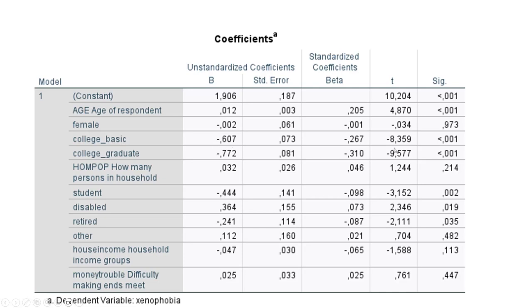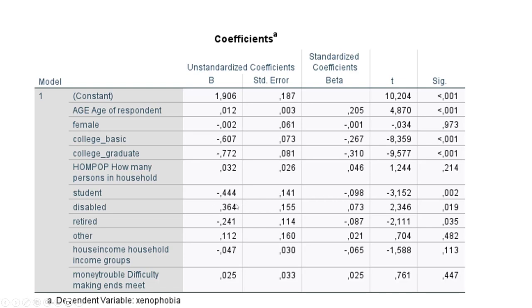So education reduces xenophobia. There's no significant difference between males and females in terms of xenophobia. If we look at work status, these 4 variables, students have significantly less xenophobia than working people.